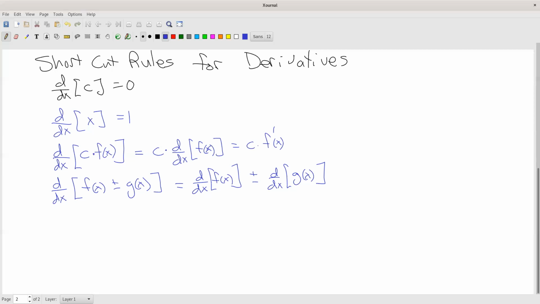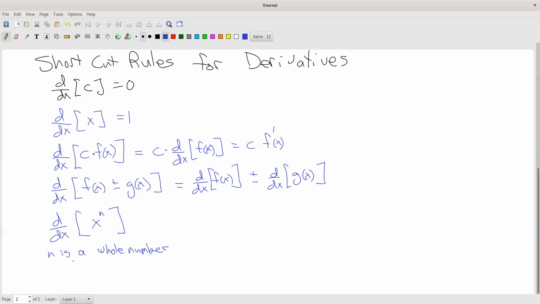And I think the biggest, most powerful one is what's called the power rule. If you have the derivative with respect to x of x to the power n, and for now I'm going to restrict n to be a whole number, and you'll see why in a minute.